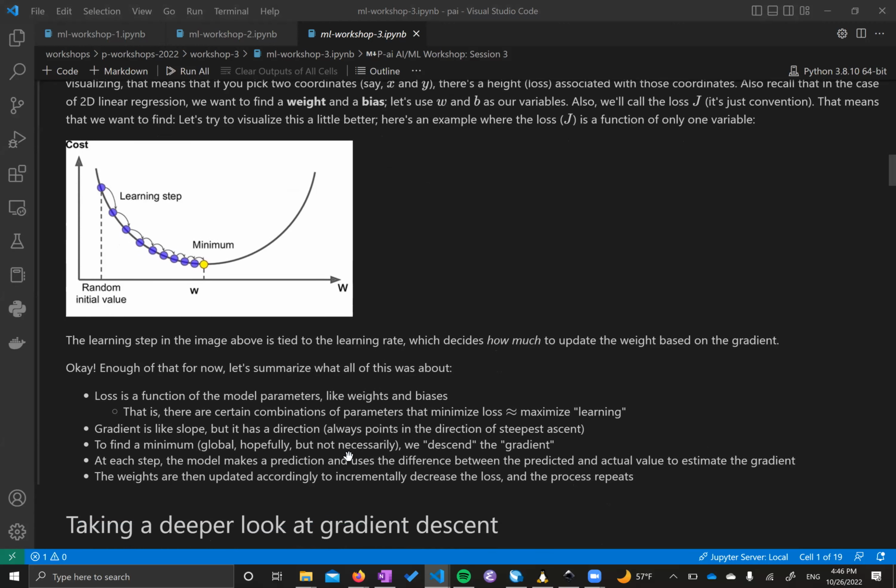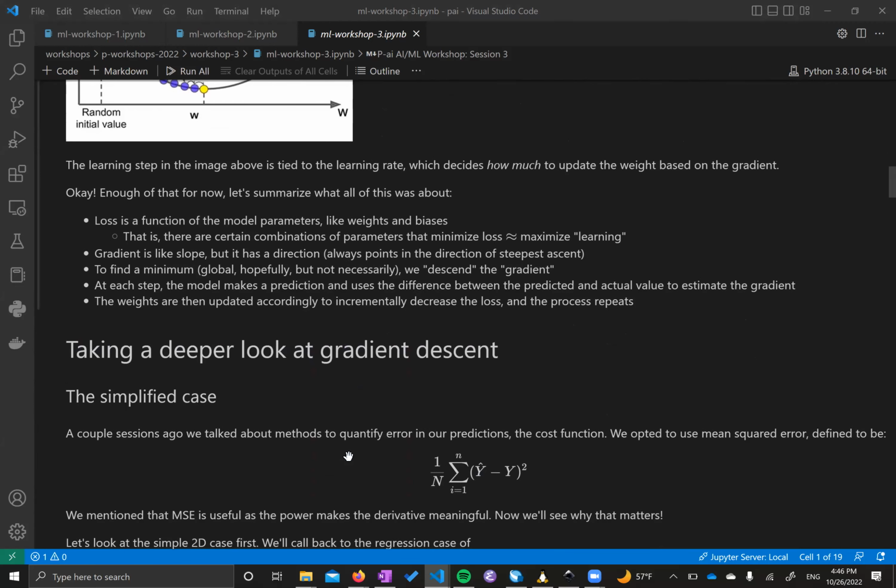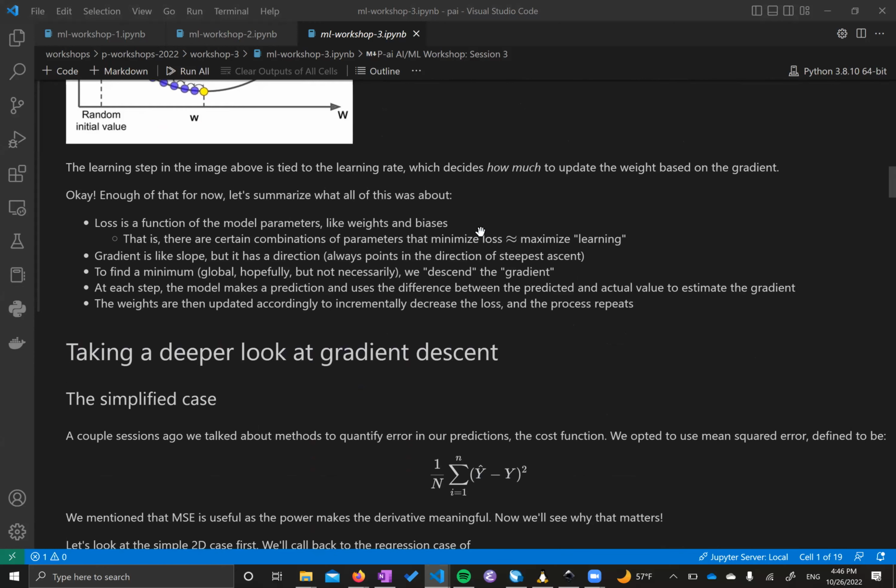And why this is called gradient descent is because the gradient is basically the hill that we're going down on. The gradient is basically a slope, but since we're looking at a 3D picture, we're looking at vectors. There's going to be some direction associated with the slope, right?